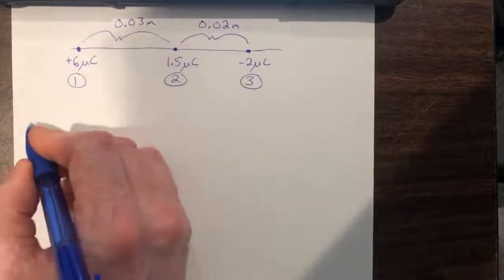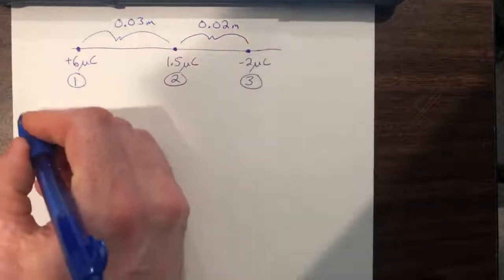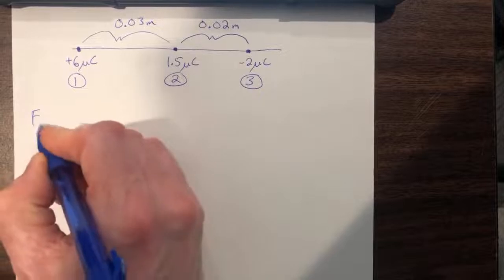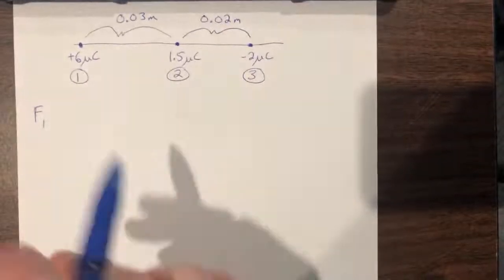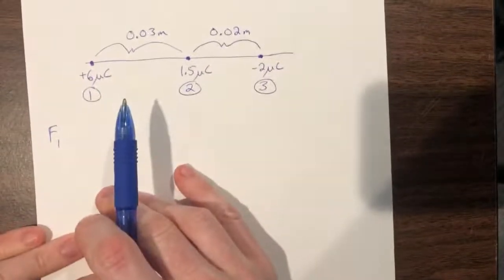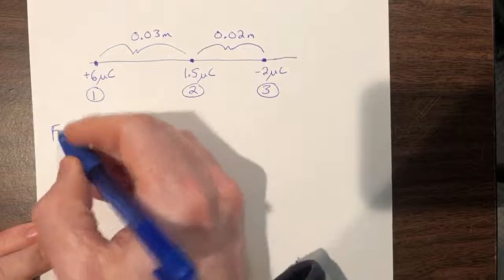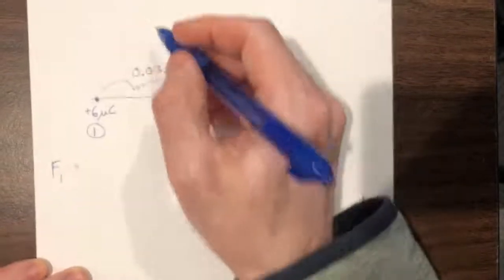So the force on 0.1 is simply going to be the different forces all added together. The force exerted on this one particular point, and I'm going to go ahead and just move the problem out of the way and leave this here, is going to be equal to, and let's just write up the equation here.